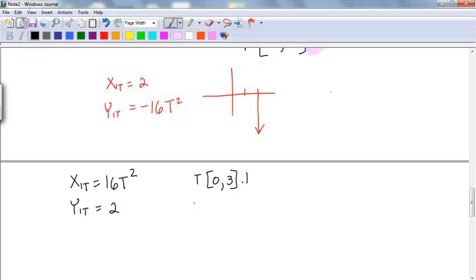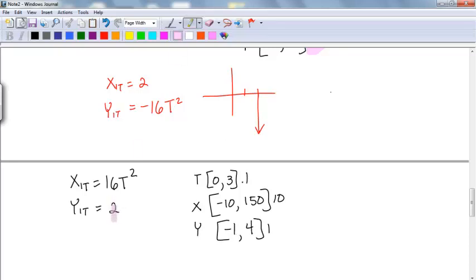Now I need to change my x. My x, I'm going to go from negative 10 to 150 and scale 10, and my y from negative 1 to 4, scale 1. Same thing here. If you're going horizontal and graphing at y equals 2, you've got to make sure 2 is in between your y min and y max.